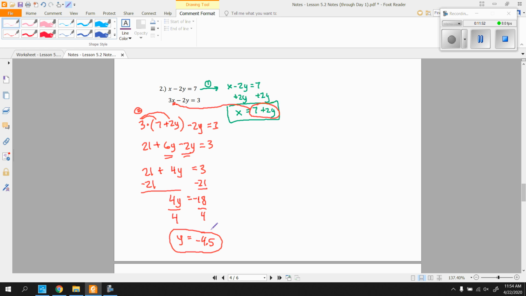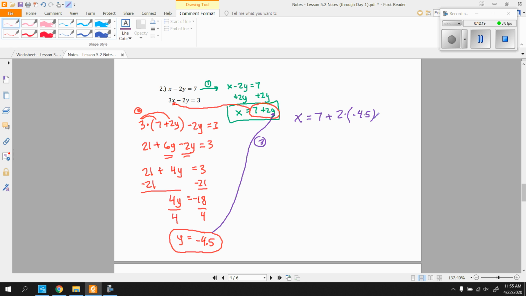Now I'm going to take this, and I'm going to come all the way up to this one right here. So here's my step 3. I'm going to recopy what I've boxed in green here: x equals 7 plus 2, but not times y anymore. I know what y is. Y is negative 4.5.